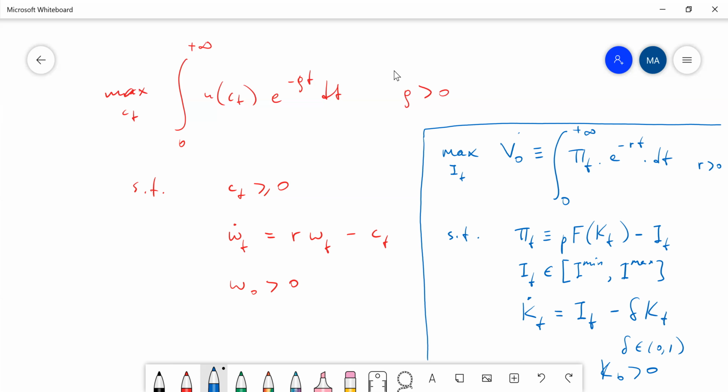Again, I am allocating resources in a dynamic manner. Same is here. If I consume more today, I obtain more utility today. But I have less savings to become part of my wealth stock tomorrow. These are the simple trade-offs that we observe in such optimal control problems.